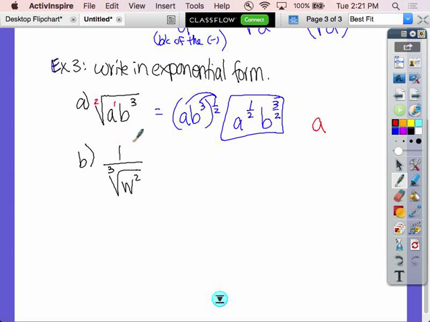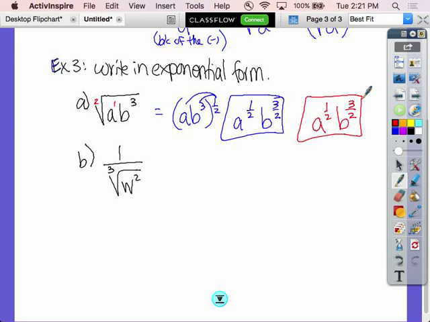The power goes on top, and the index goes on the bottom. With b, the power goes on top, the index goes on bottom. Either way is fine. You get the same answer. A lot of people think that that second way is easier because you just take whatever the power is and put it over the index.